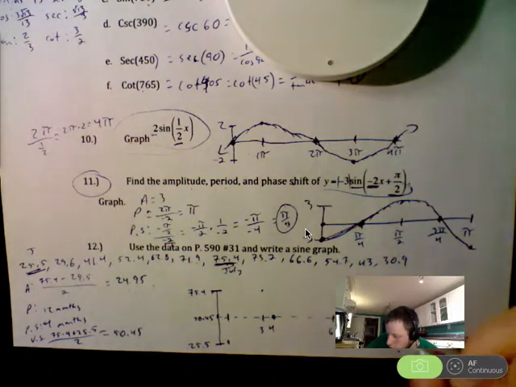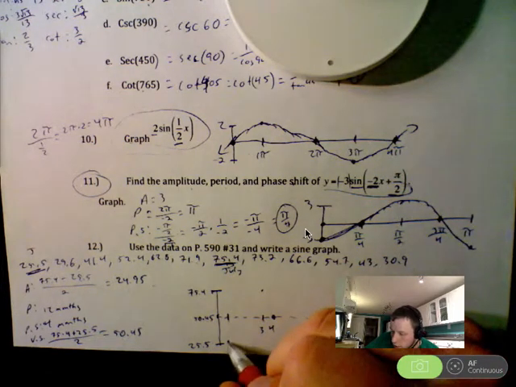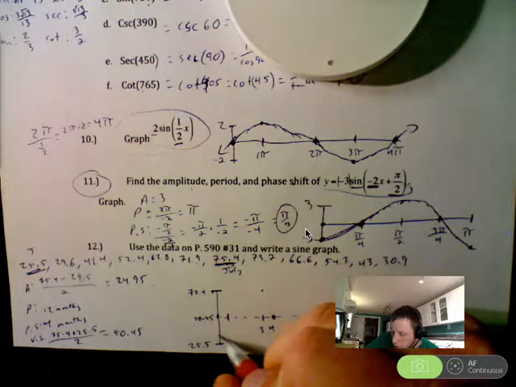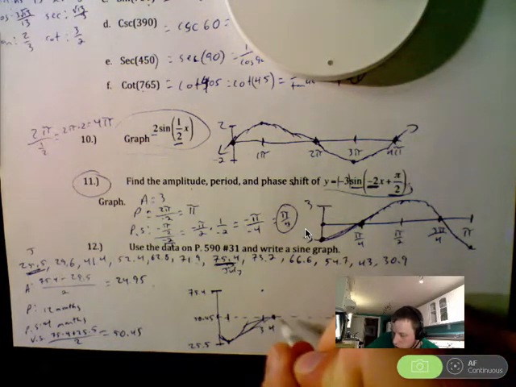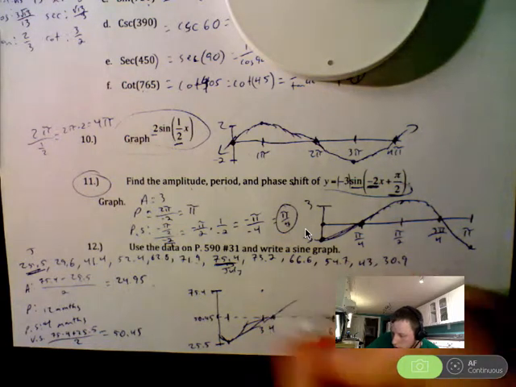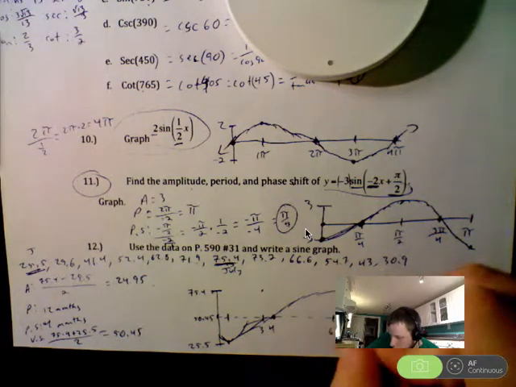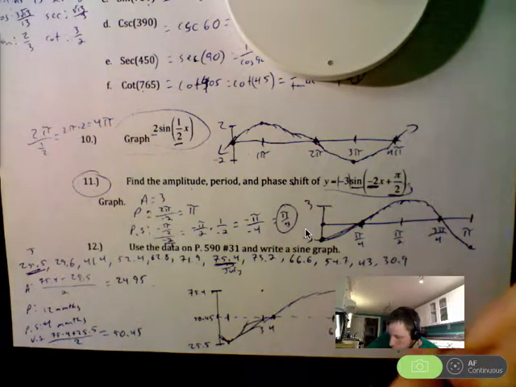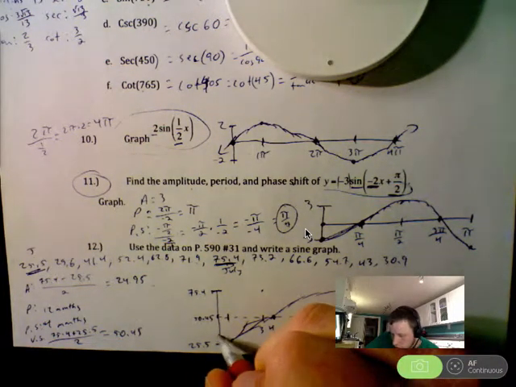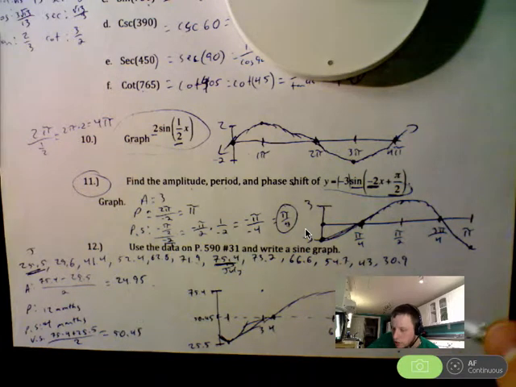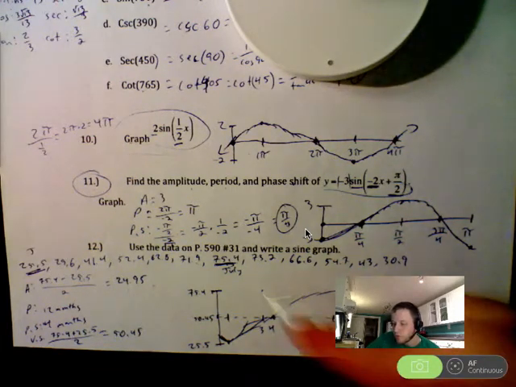Okay, so we're good to go. So what it does is it comes up and then it crosses here. Peaks here, crosses here, and it doesn't quite get to the bottom because it still has a little bit here. And that essentially is our sine graph.